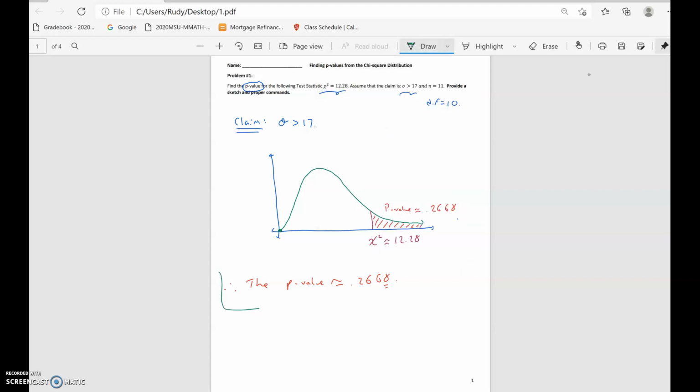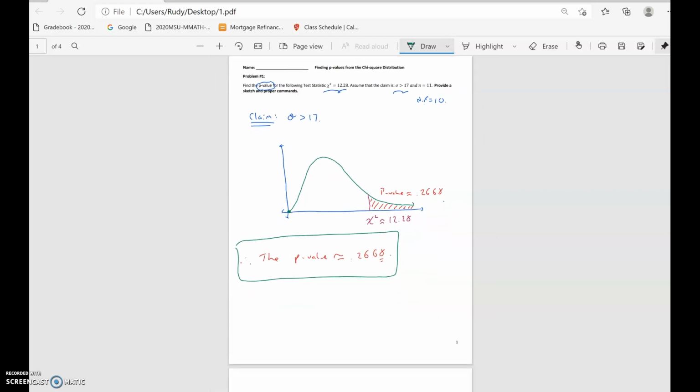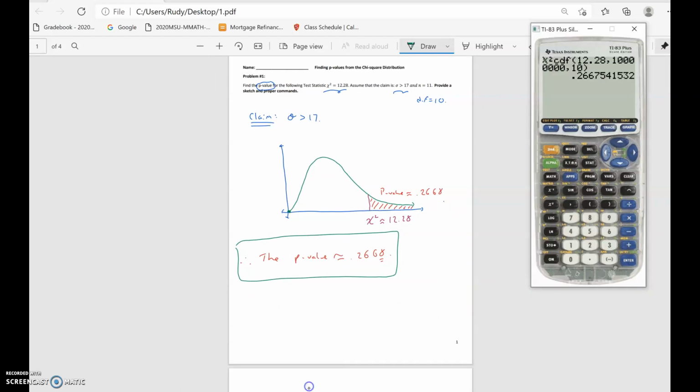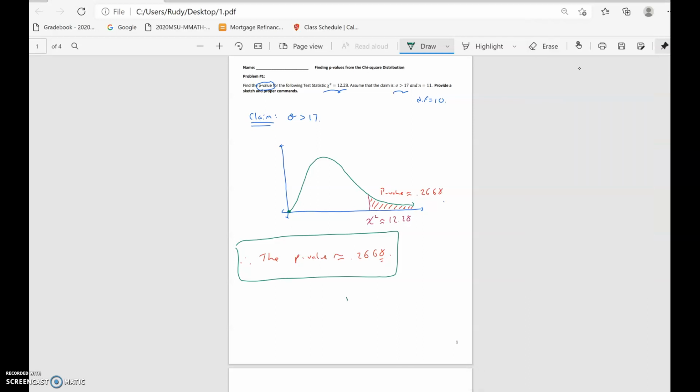And this is using the actual chi-squared CDF. So once again, you're using lower bound, upper bound, and degrees of freedom. So the actual code is the chi-squared CDF from 12.28 to a large value, and then 10, which represents the degrees of freedom.